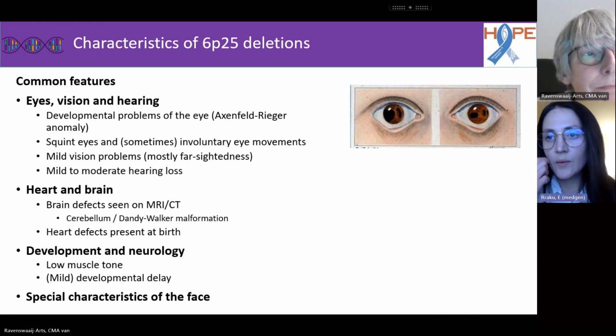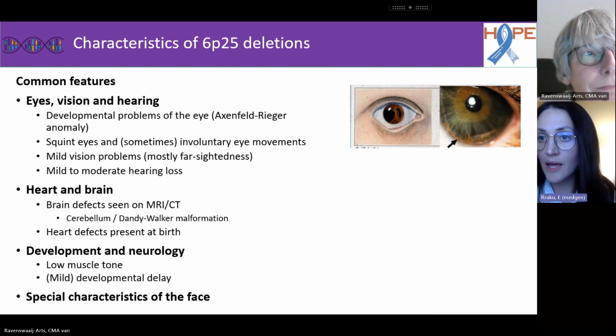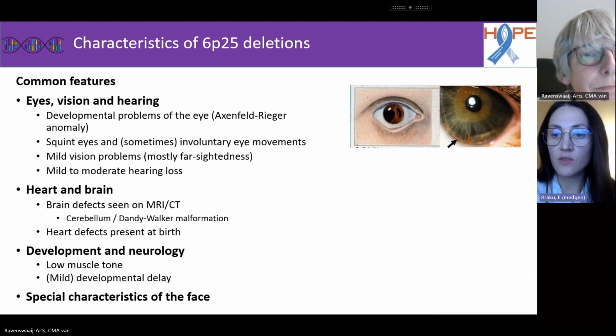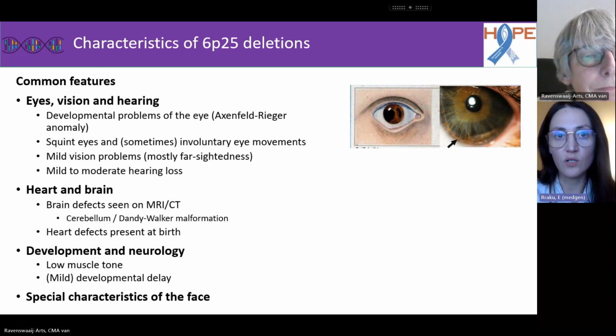If you click once more, you can see in this case a ring around the iris, the colored part of the eye, and this shows that that part is thickened. So there is also a variation of Axenfeld-Rieger, but any variation of Axenfeld-Rieger anomaly is quite characteristic of 6p25 deletions or other genetic aberrations involving the FOXY1 gene.